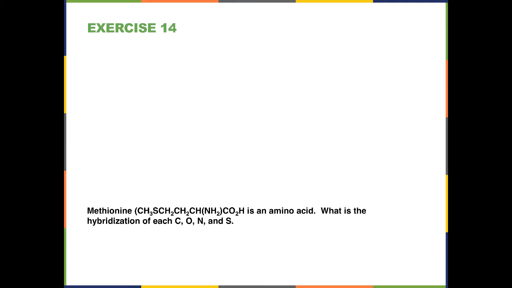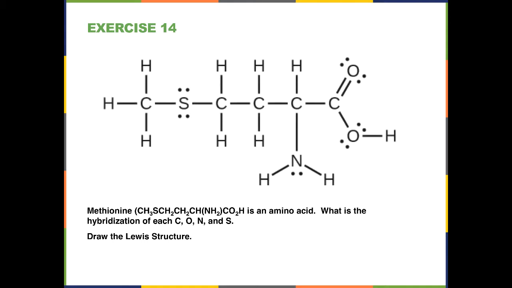Now, I'm going to show you a pretty complicated diagram, and I want you to look at the hybridization for each of the atoms in this. First, you have to draw a Lewis structure in order to do that. And this is what the Lewis structure for methionine looks like. You have the CH3 over on the left, and then an S, and you can see that you have 2 pairs of unbonded electrons there, but that still represents 4 electron regions.